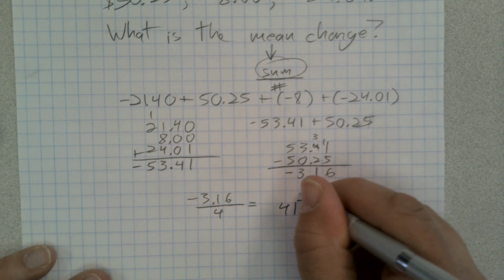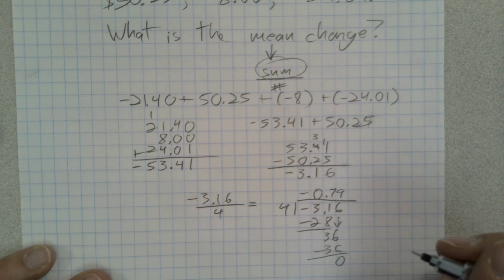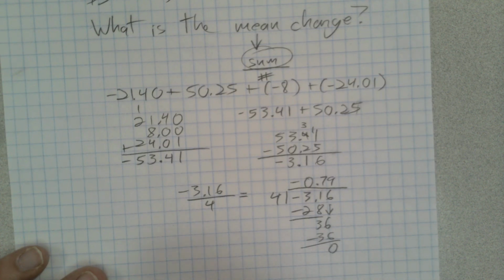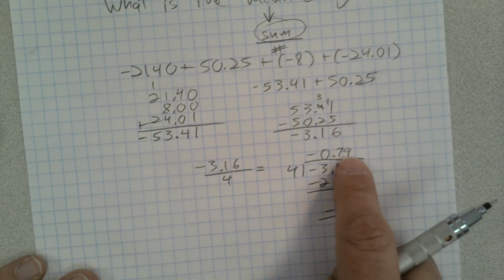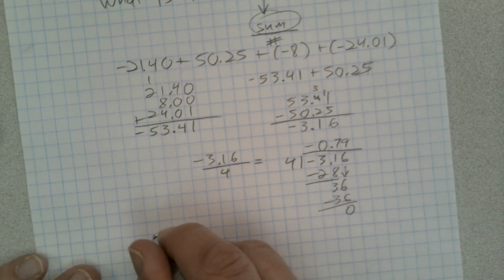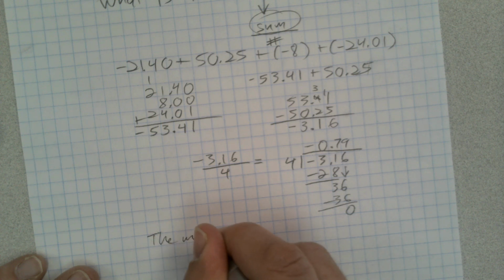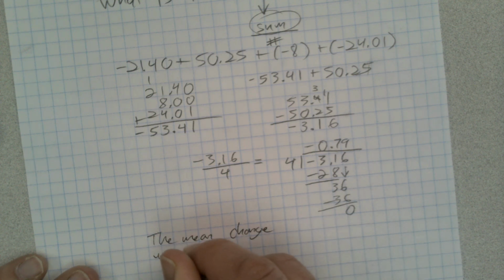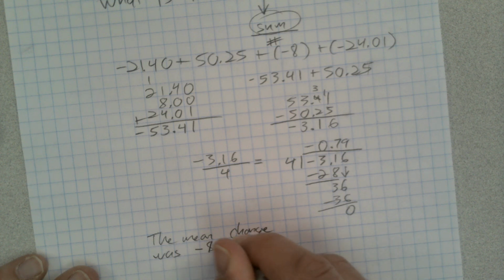That means my answer must be negative. So the average change, the mean change over the 4 days was negative 79 cents. So I would write the mean change was negative 79 cents.